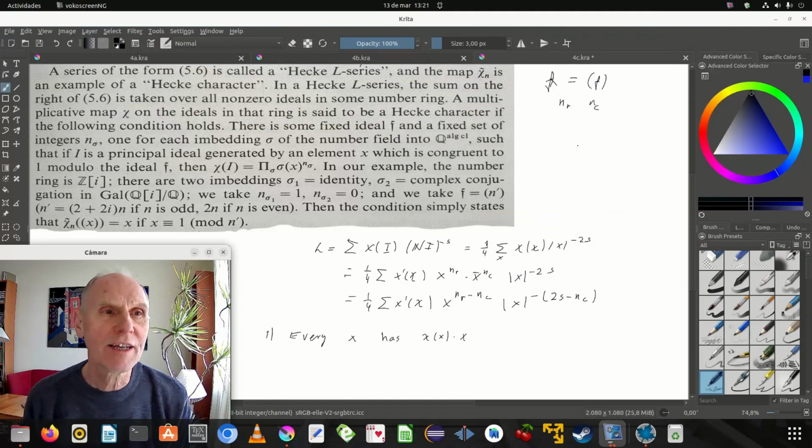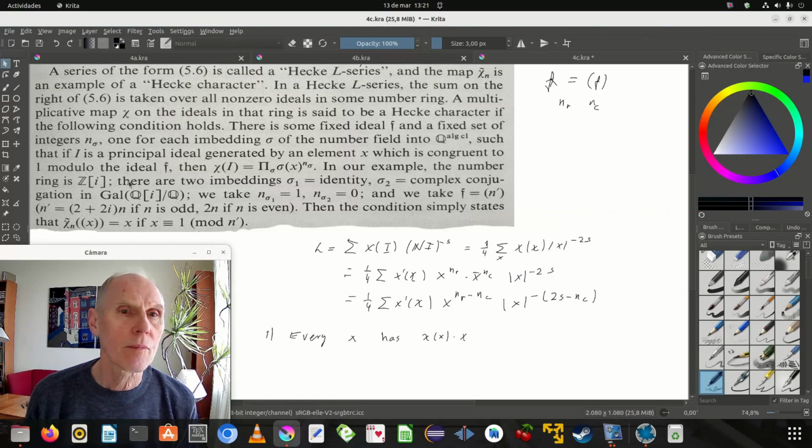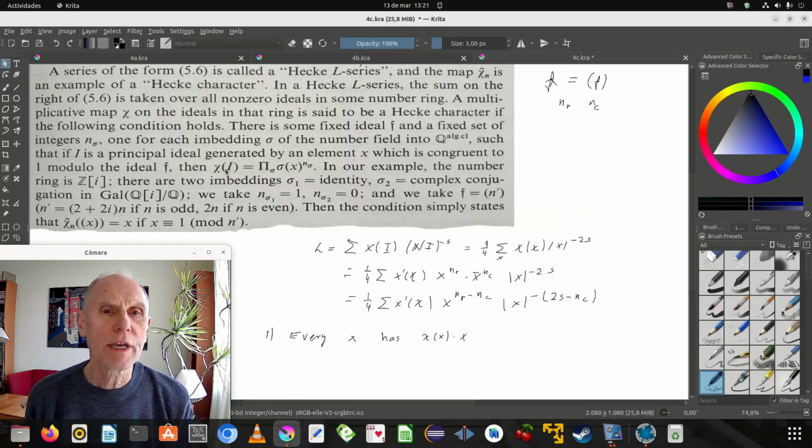And I have an idea. Actually, any x, because the residue field is finite, is in a group of order the norm of f minus 1, the multiplicative group.